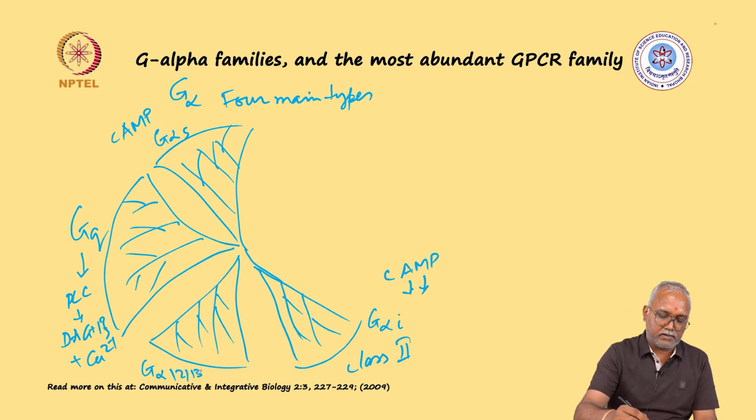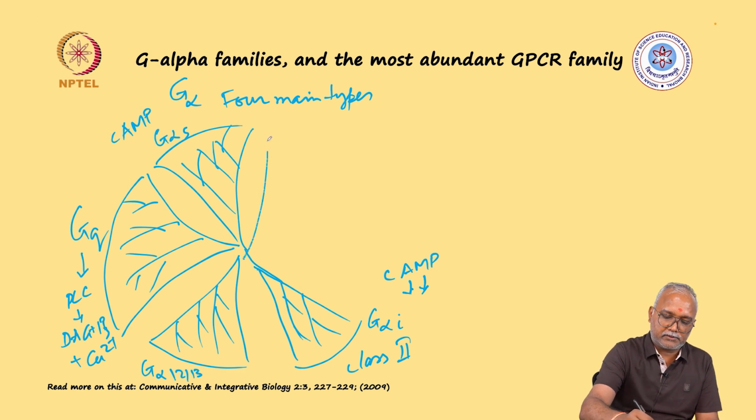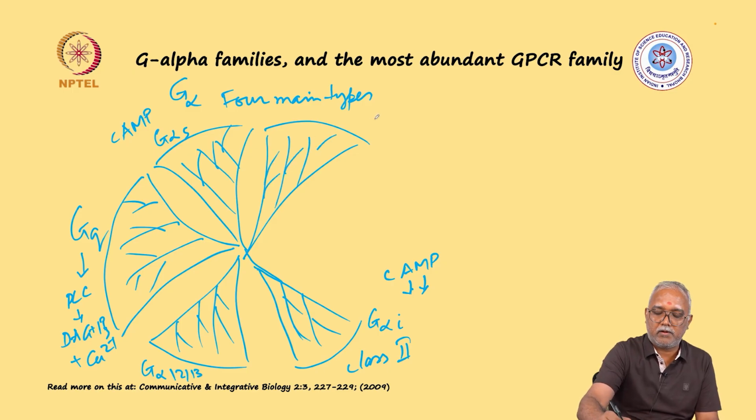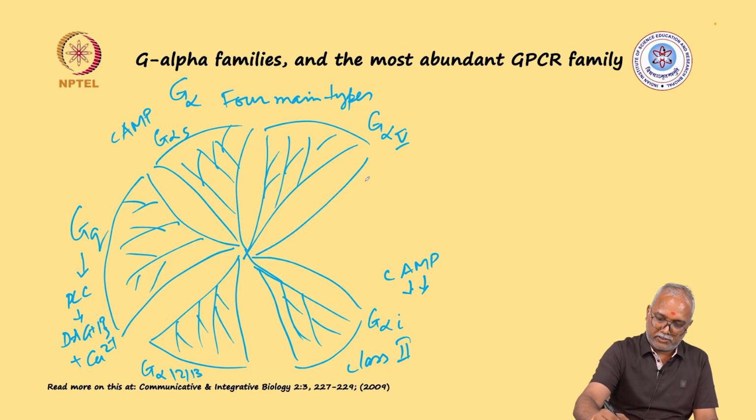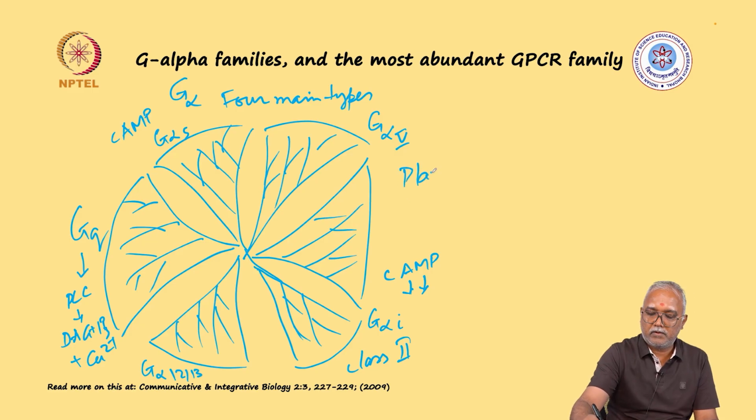Its dynamics is regulated. Recently there have been studies which identified another class of G alpha which is poorly understood, but that has been considered as G alpha 5. More and more studies are being done to understand where exactly this molecule is involved. Then there are plant G alphas. They have a very unique property.